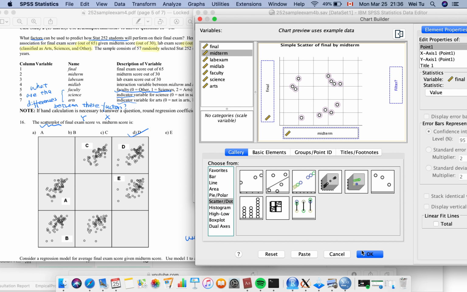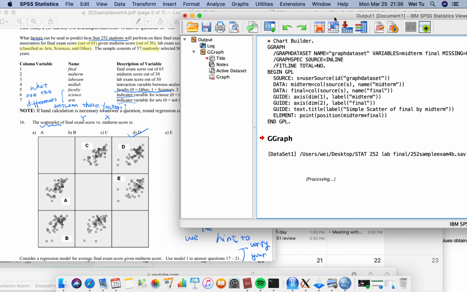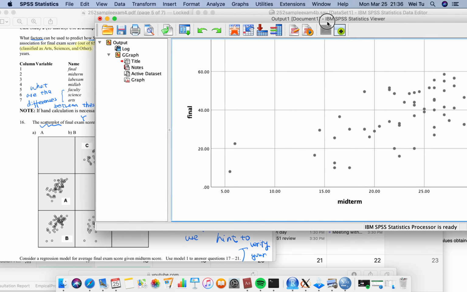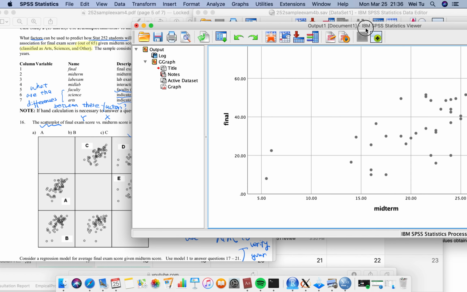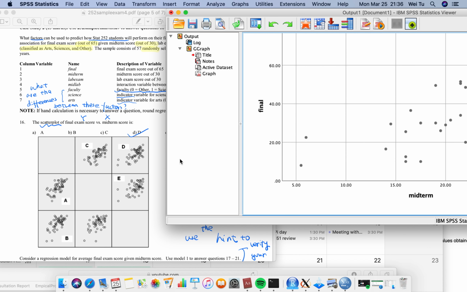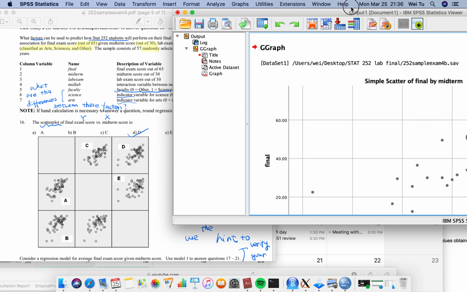Okay. Then let's just do okay. And that looks like, yeah, I mean, the scale is a little different because this plot is kind of square, and what we have is not square, but the pattern is similar.